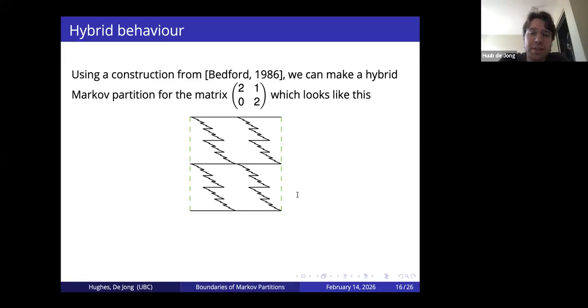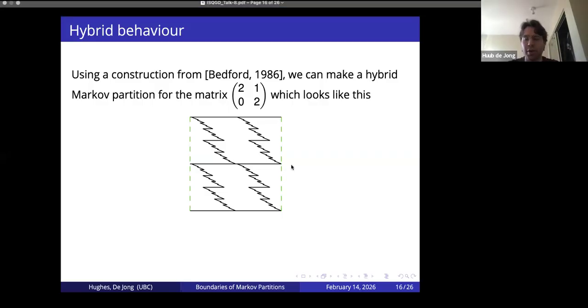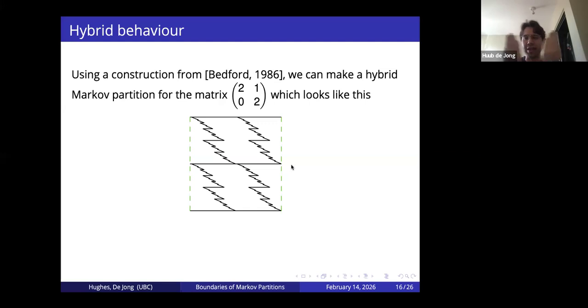And when you use this technique for, say, the matrix 2102, so a Jordan block, you get the picture here. So here again, the dotted green lines are the identified sides of the unit square. And so I have a Markov partition consisting of four tiles, right?